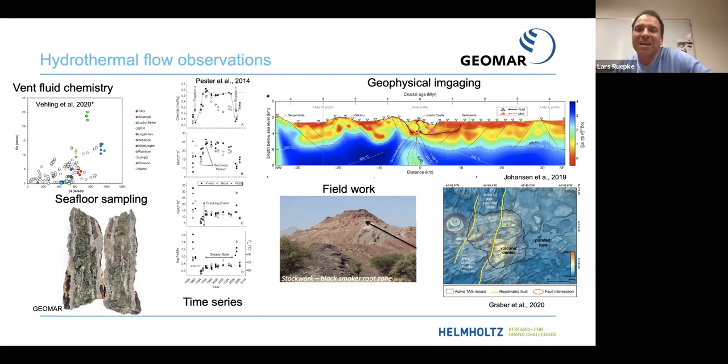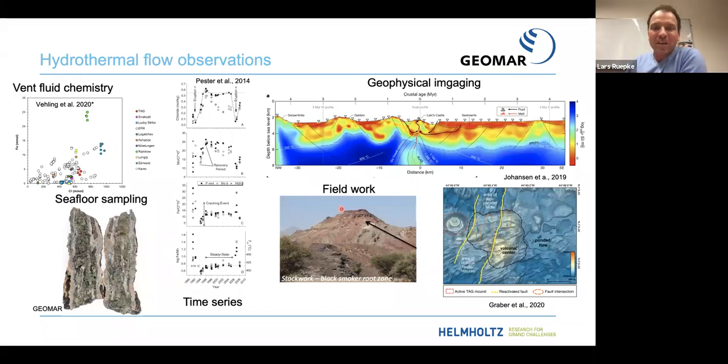You see these tentative black arrows of where hydrothermal fluid flow might take place. And part of this talk is all about drawing better arrows. I have nothing against these arrows, but we tend to draw them in cartoons, and I want to show you how models can help to draw them in a more physical way. Again, no criticism of this.